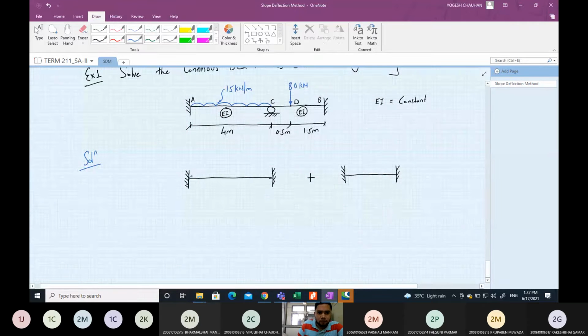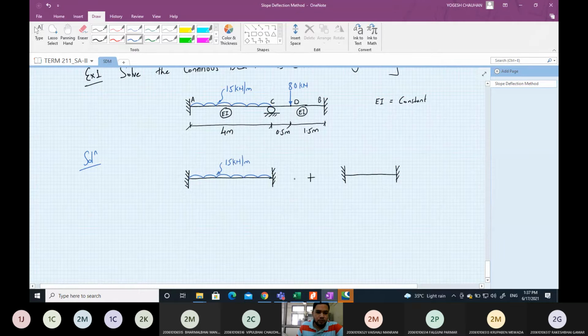Now it is subjected to UDL. Once you have practice, you can directly write the fixed moments. But now, just to understand, I'm splitting the two beams so that it would be easy for you to understand.